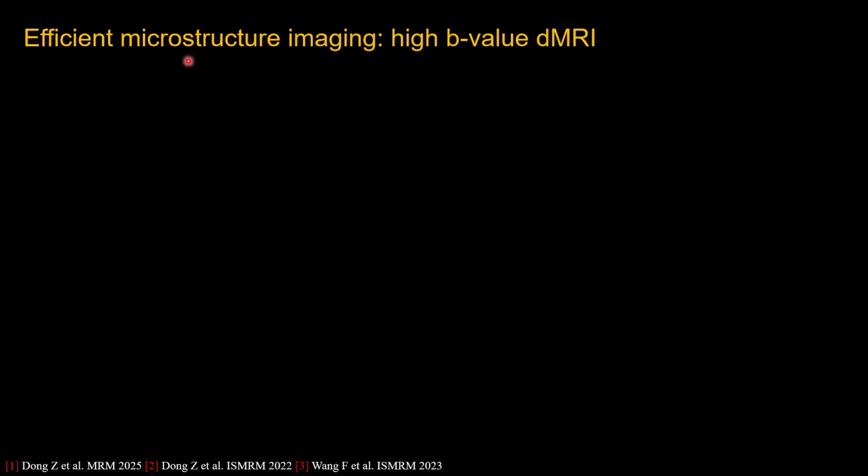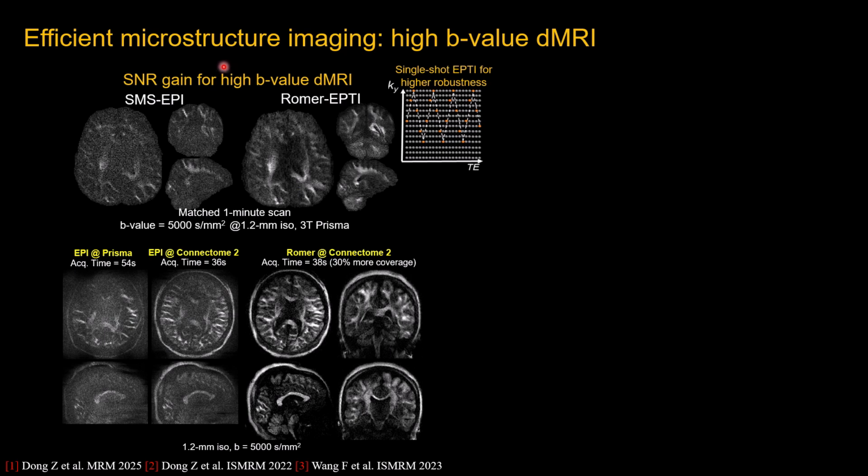Another emerging application of diffusion MRI is microstructure imaging, such as high b-value diffusion MRI. And we demonstrate Romer's performance to improve the SNR for high b-value as well at both 3T Prisma and the Connectom 2 scanner. And here we use a single-shot EPTI in Romer to further improve the robustness to the stronger phase variation caused by stronger diffusion gradients.